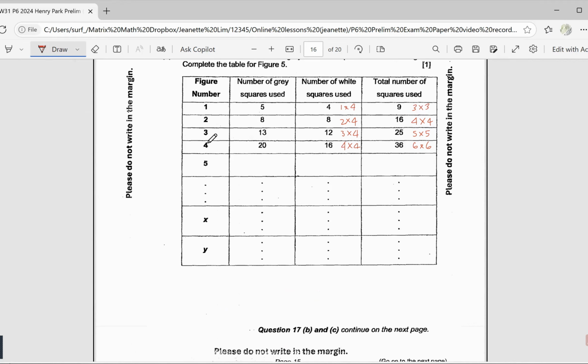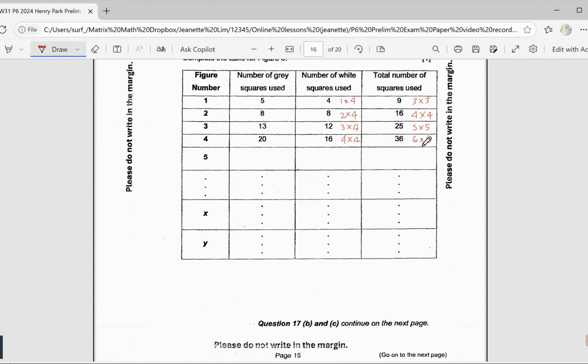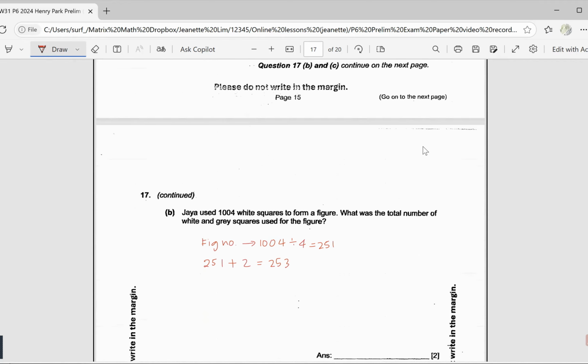So from the figure number, you add 2, then you multiply it by itself. So 253 times 253 is 64,009. Okay, that is the total number of white and gray.